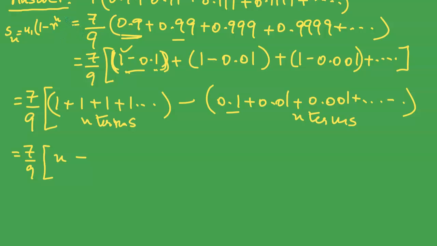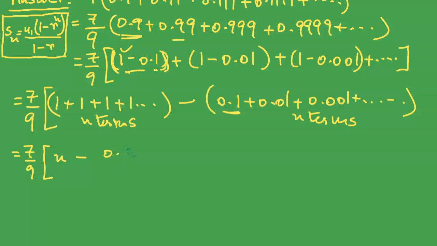So I am taking this formula. Okay. So this is the formula for the summation of the first n terms of a geometric series, with the first term as u1 and common ratio as r. Okay. So we will be applying this, and the first term in this case is equal to 0.1.